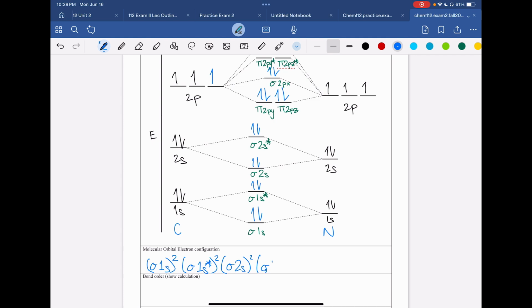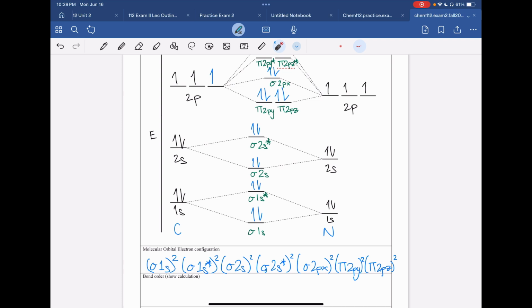Sigma 2s star 2. And then it's sigma 2px 2. And then it's your pi 2py 2, pi 2pz 2.